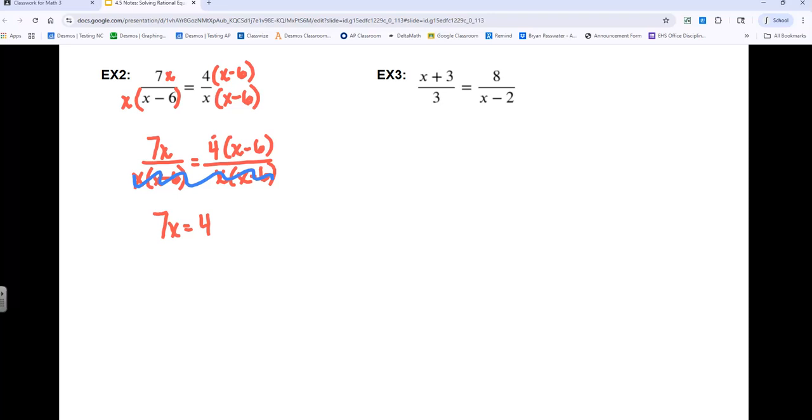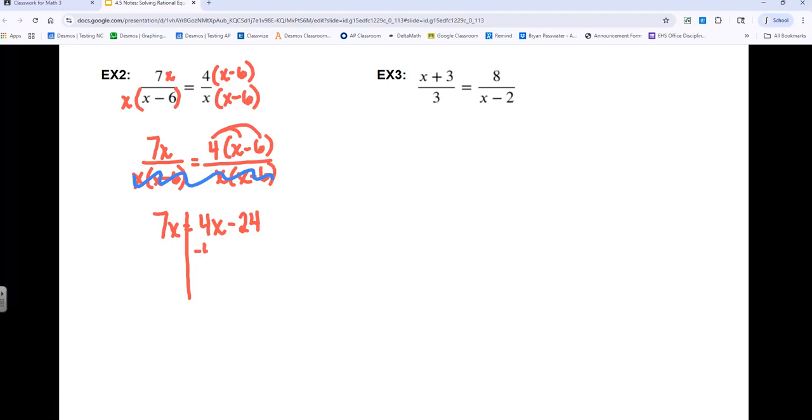Is it okay with you guys if I go ahead and distribute this right here? So I'll get 4x minus 24. Okay. So Joey, looking at this, we got 7x equals 4x minus 24. What would we do to solve that one? Good. And to do that, I got to move one to the other side. Which one do you want to move, the 7x or the 4x?